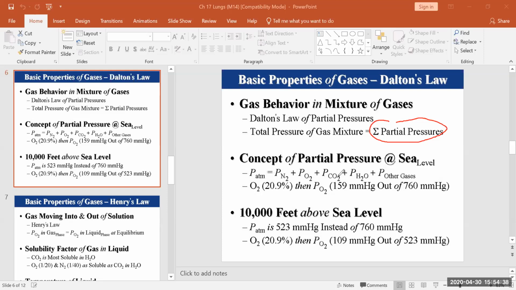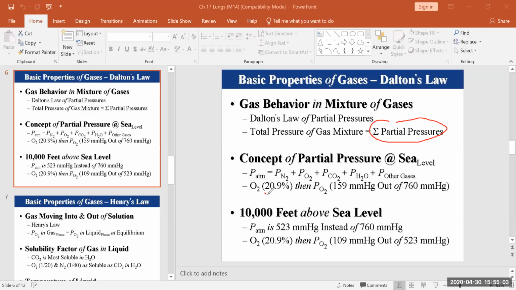And then trace amounts of carbon dioxide, water, and other gases. Oxygen in ambient air is almost 21%, 20.9%. And what is important here is that the percentage is constant.